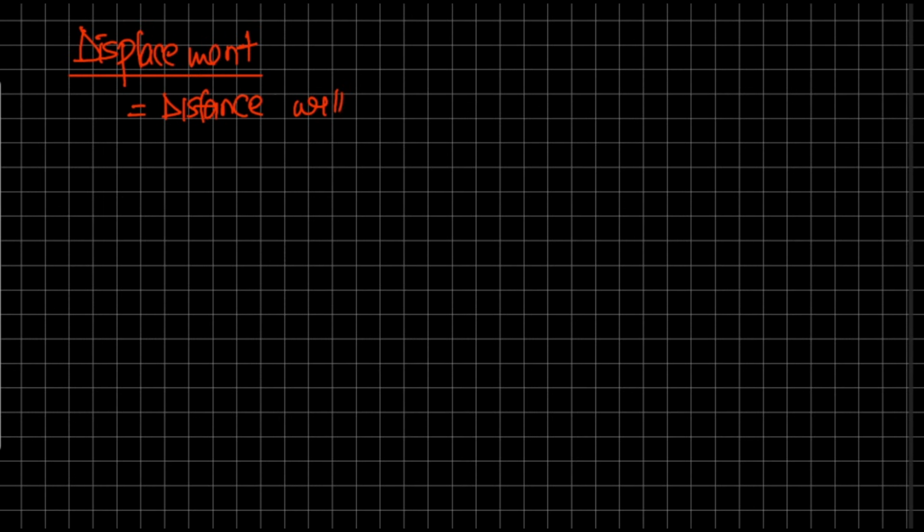In physics, distance is a scalar quantity because distance is just a measure of length. It has no direction. But when a distance comes with direction, it becomes a displacement. That is, when you can describe a distance with respect to north, south, east, and west, then we can talk about displacement.